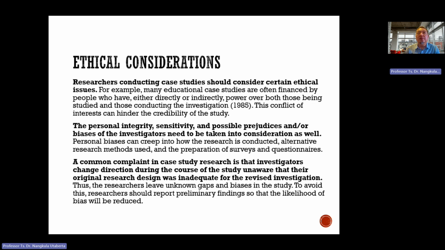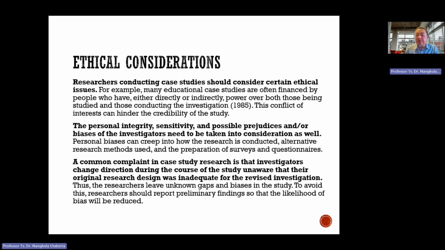For example, the education or health records of your respondents, then personal integrity, sensitivities, prejudice. These cannot be avoided in case studies, but they need to be taken into consideration.